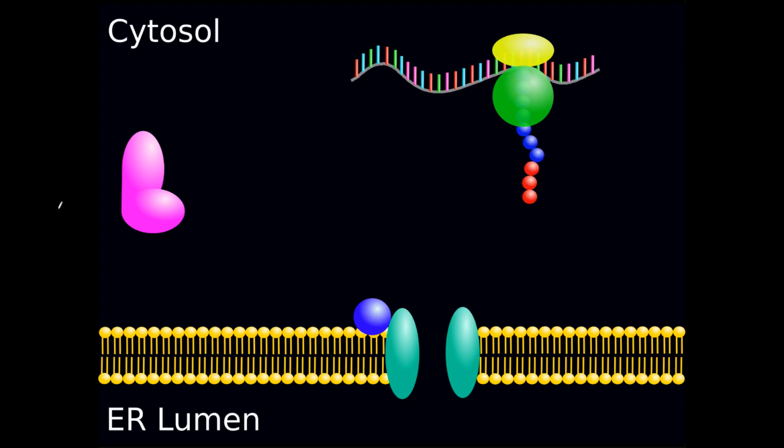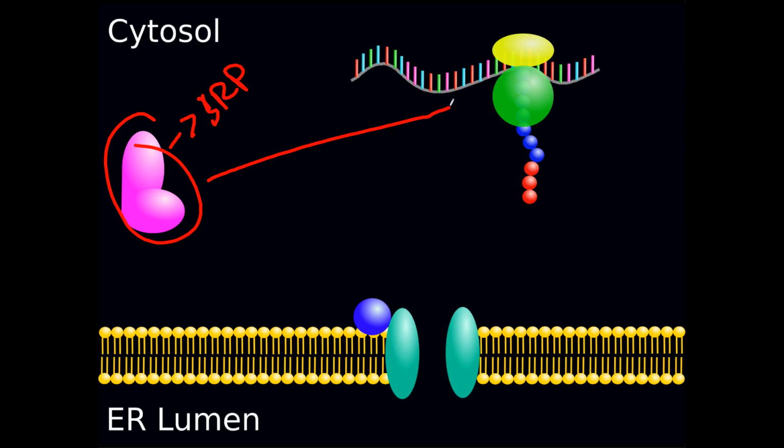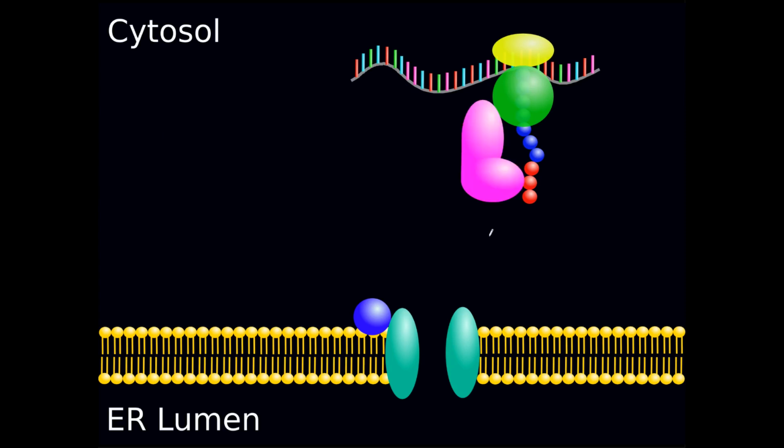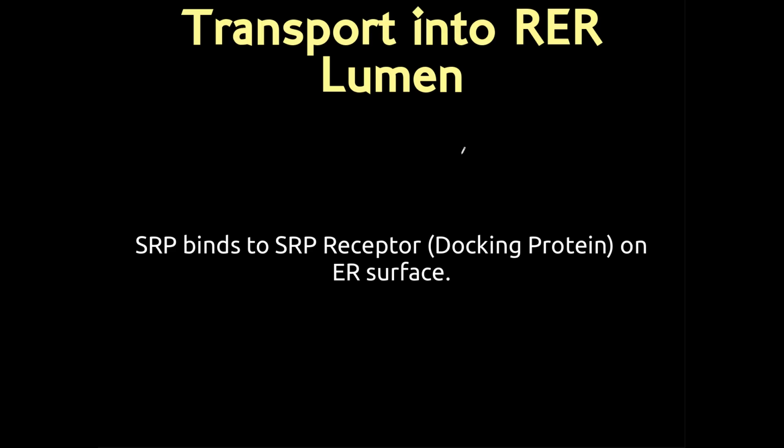Right over here is our signal recognition particle, and it binds over here to the large subunit of the ribosome and also to the signal patch. Here it comes over and binds to that.